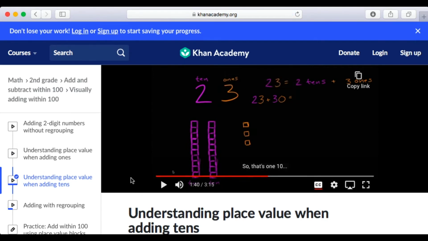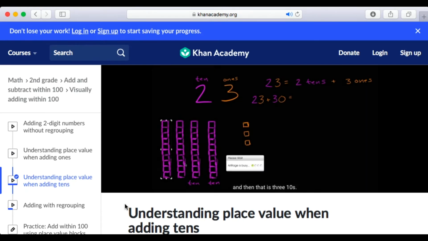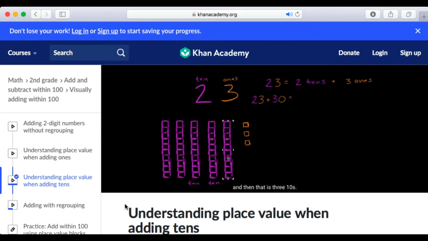So if he adds 3 tens to the 2 tens he already has, how many do you think he will have? Okay, let's see. That's 1 ten. This is 2 tens. And then that is 3 tens.